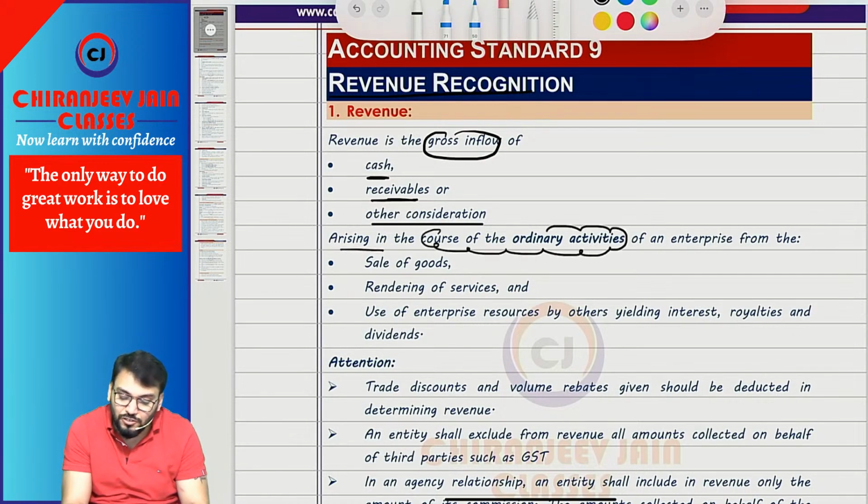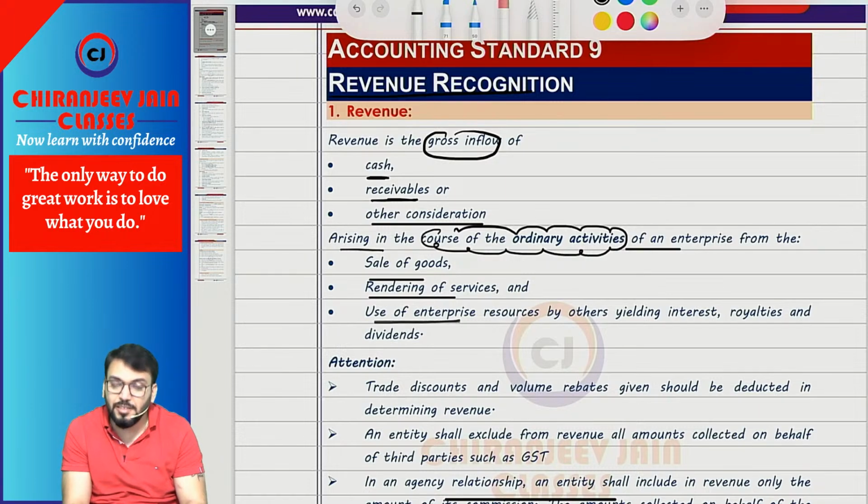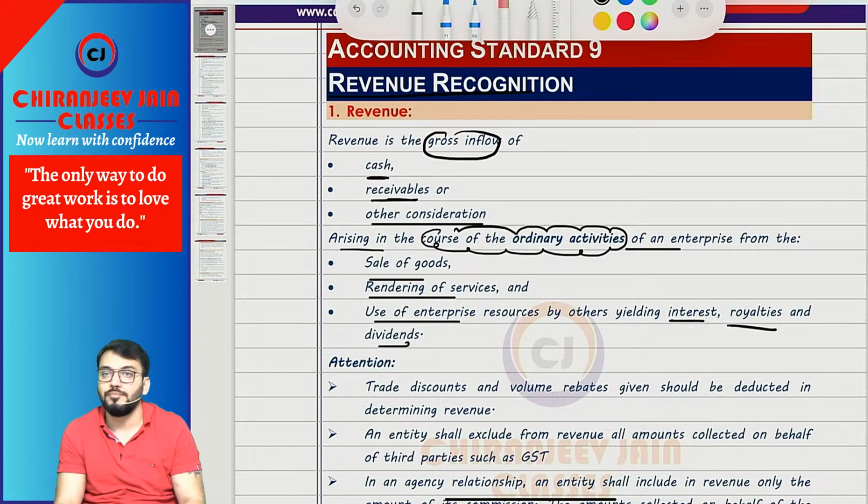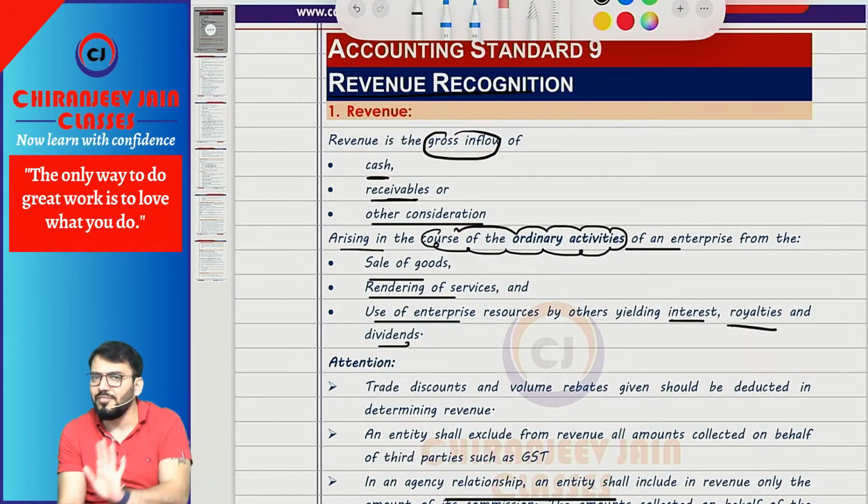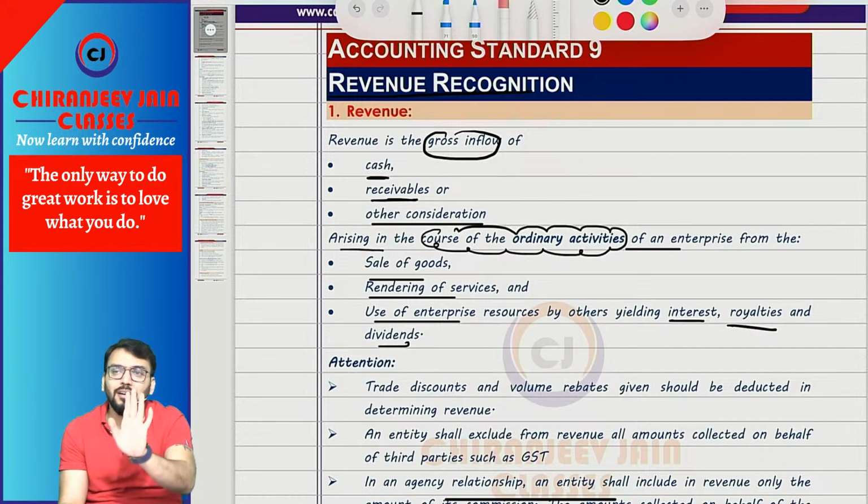Now you have understood the ordinary activities of an entity: sale of goods, rendering of services, use of enterprise resources, yielding interest, royalty or dividend income. Correct. Now this is a gross inflow, so it should be gross inflow. One clarification has been given: trade discount is always deducted from the invoice price to find out gross inflow.